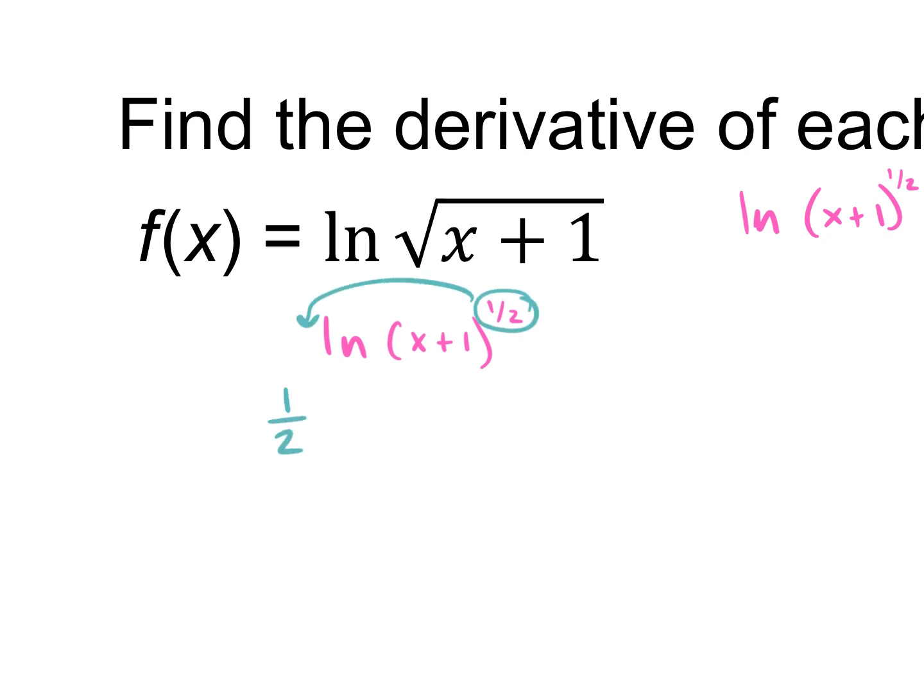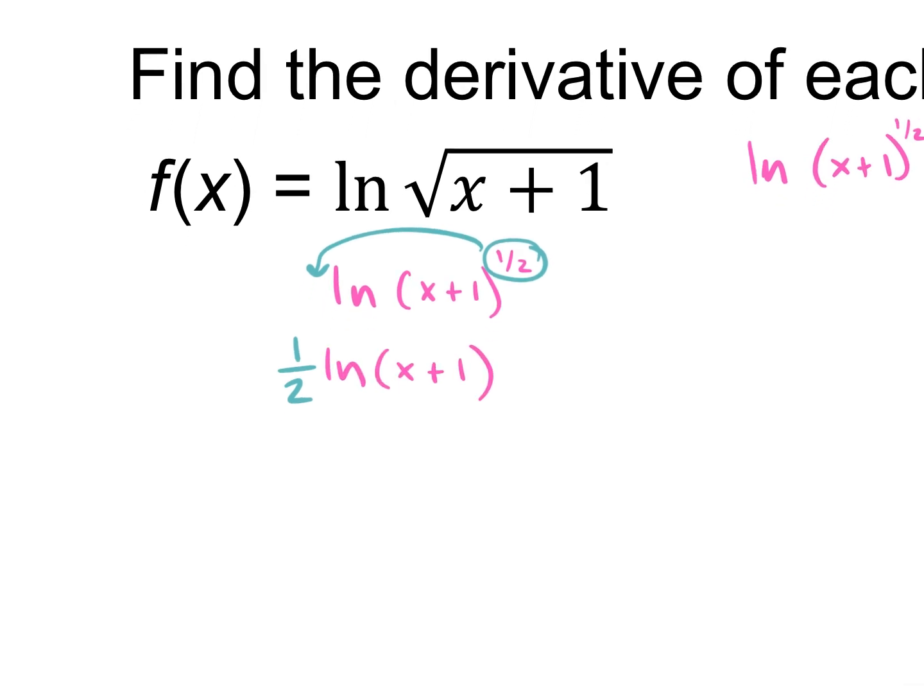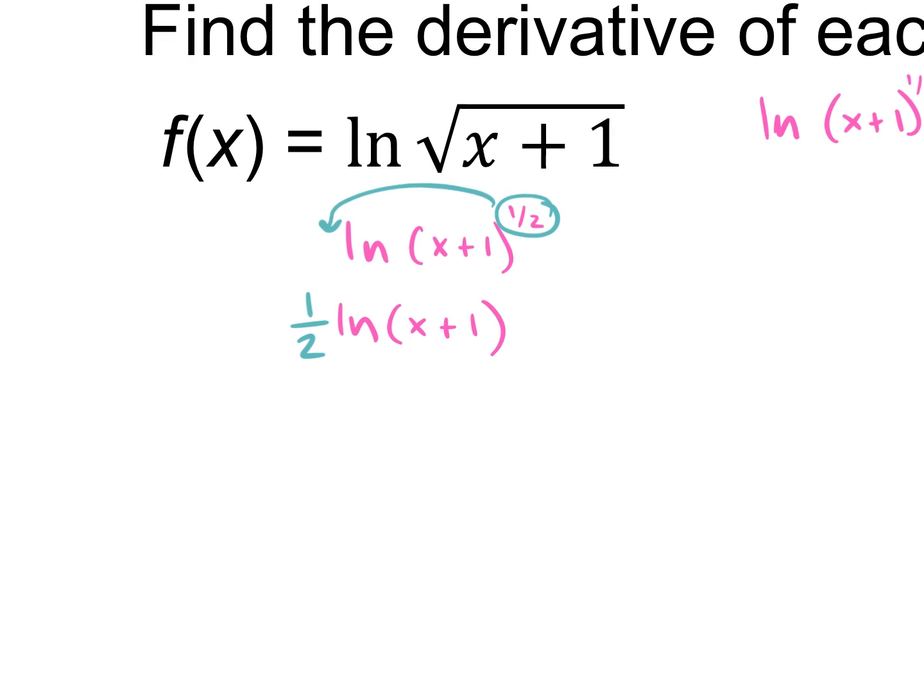So this would be 1/2 times the ln of x plus 1. So now when we take the derivative, that 1/2 is just going to hang out front. Because it's a coefficient, we can just leave it out front. Let's take the derivative of the ln of x plus 1.